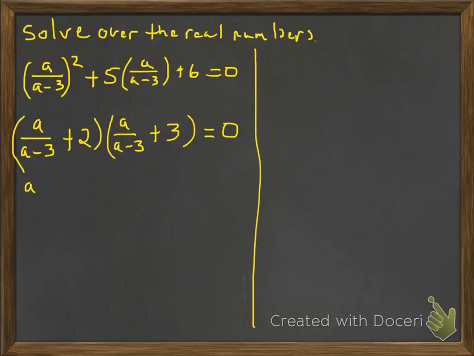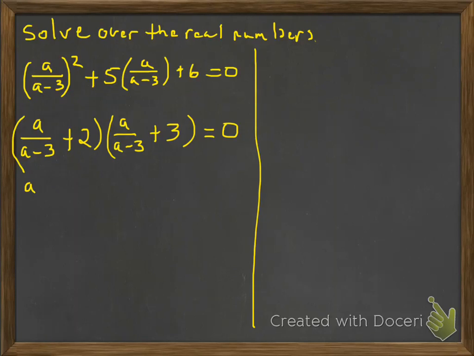Okay. So if you FOIL that out, a times a is the a squared, which you got right there, and then we also multiply the a minus 3 times the a minus 3. That gives us the a minus 3 squared up there. Okay, and then FOILing the rest out, you have 3 of these and then 2 more. That makes the 5. And of course, the 2 times the 3 gives you the 6.